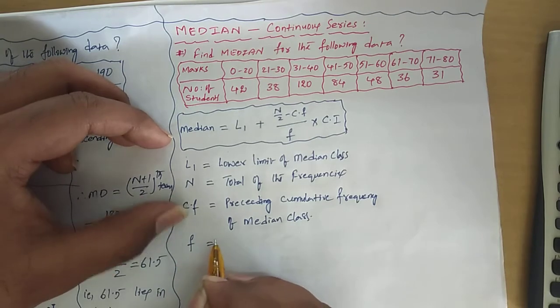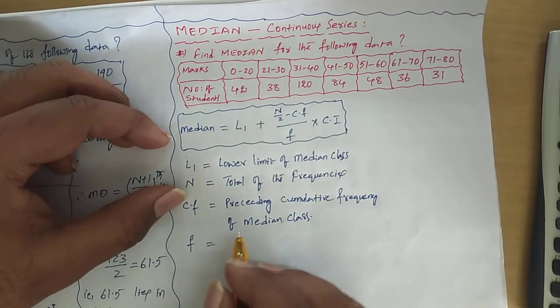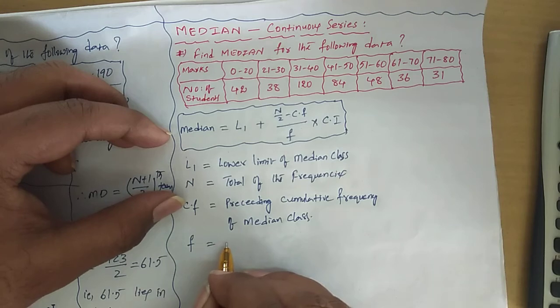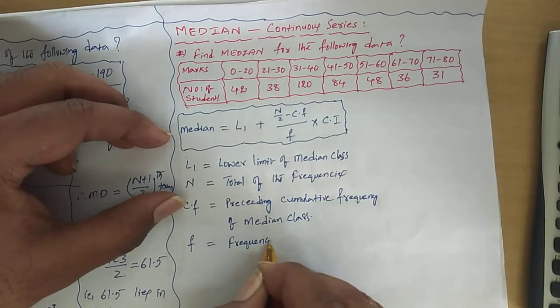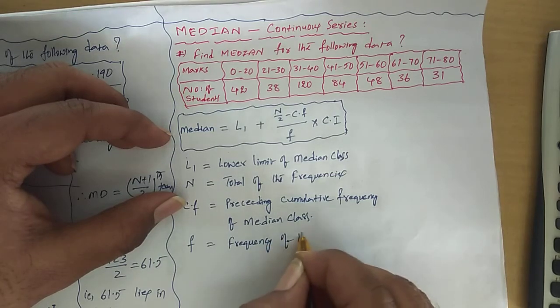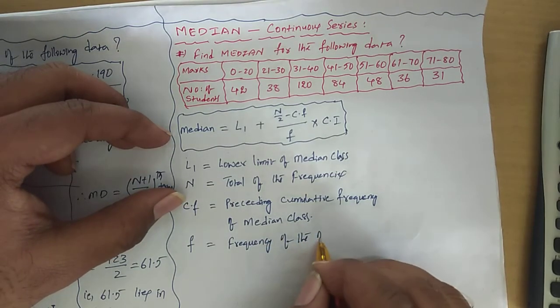Now F is nothing but the frequency of the median class.